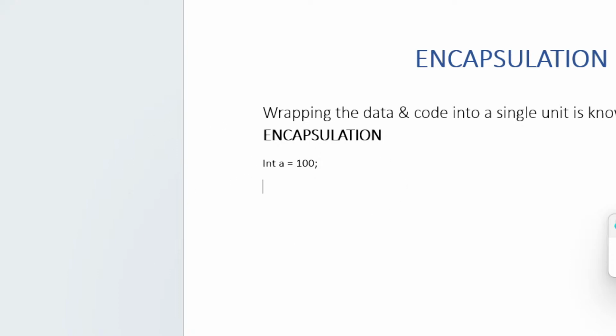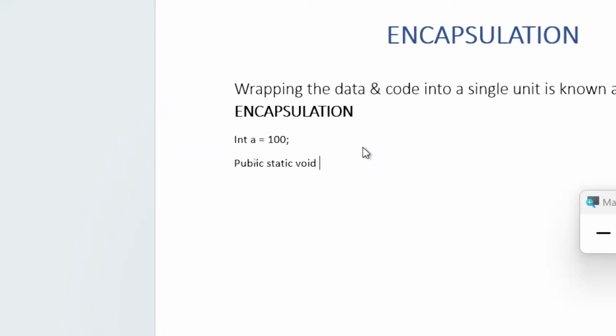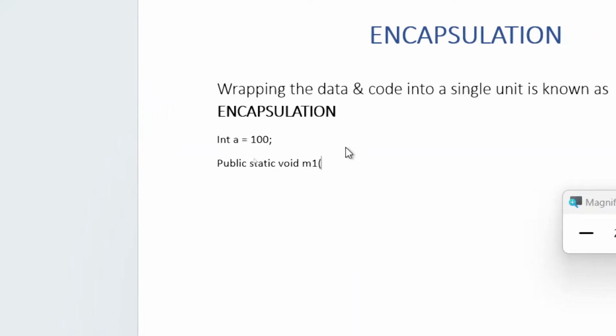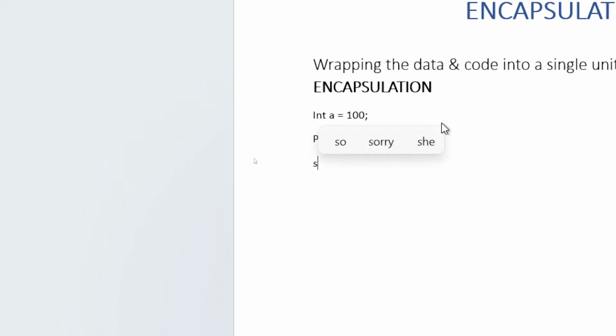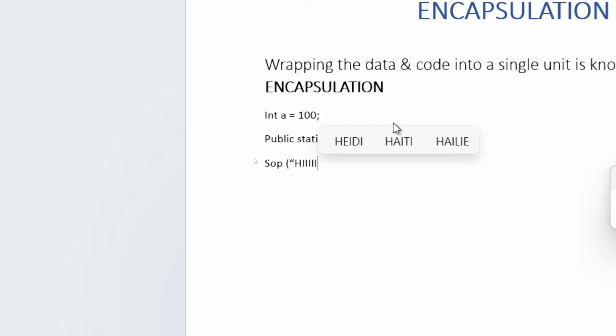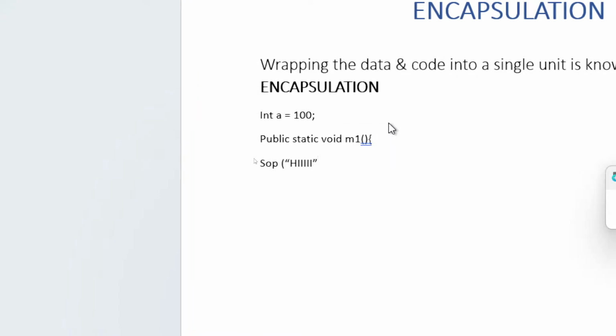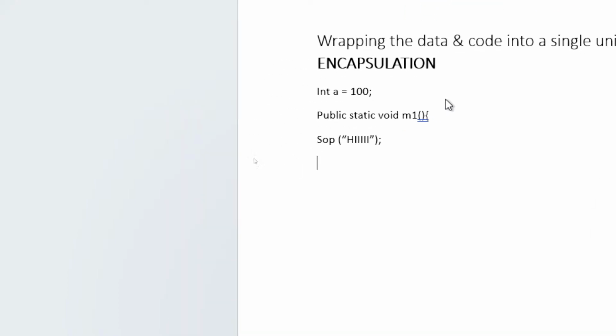What is meant by code, guys? If I write the m1 method, public static void m1, this is a method, and SOP inside. This is code, right? Whatever we write inside a method, we call as code, right?